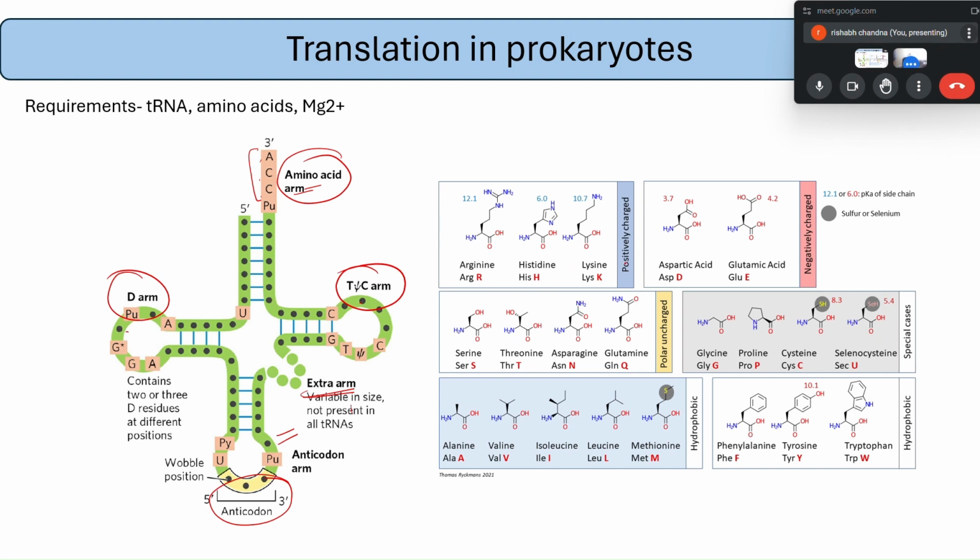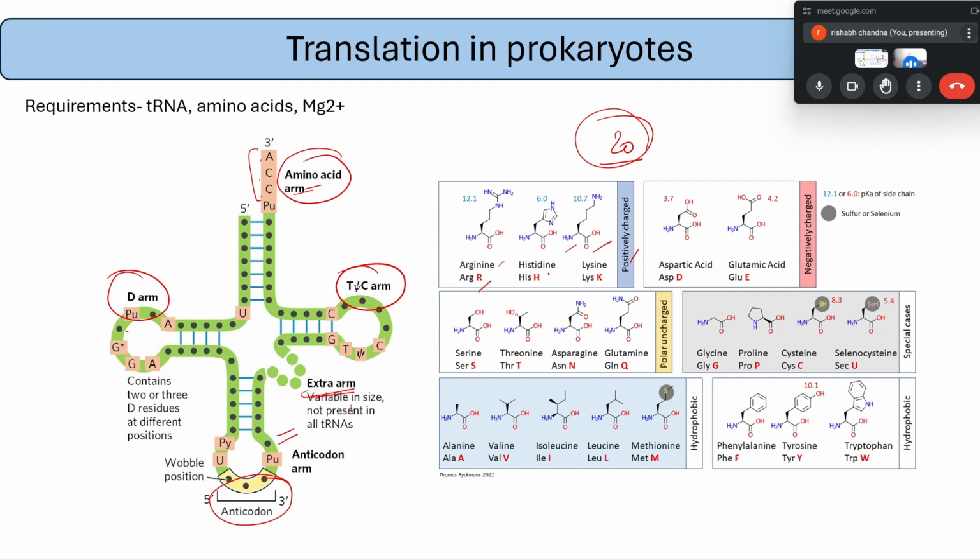And we have 20 different amino acids that are proteogenic, which form a protein sequence. The amino acids are divided on the basis of their charge. We have positively charged amino acids, that is arginine, histidine, and lysine.